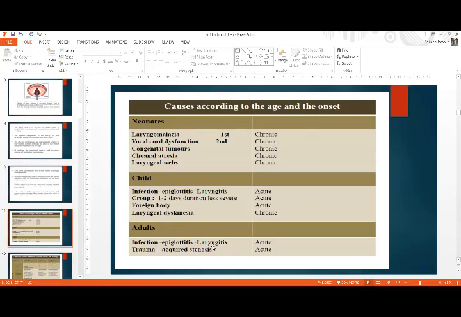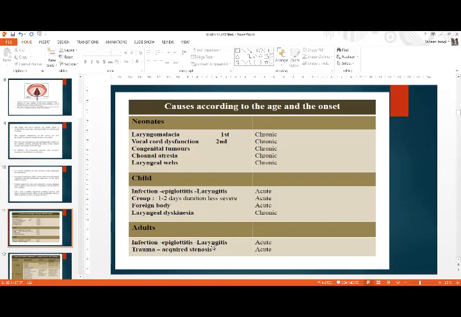If your patient is a child, then the most common causes of stridor are infections, most commonly epiglottitis and laryngitis, followed by foreign body. These three causes, that is epiglottitis, laryngitis and foreign body, are acute in onset, as opposed to laryngomalacia and other vocal cord dysfunctions that are found in the neonatal age group, which are chronic in onset.